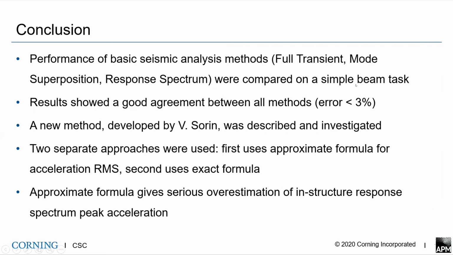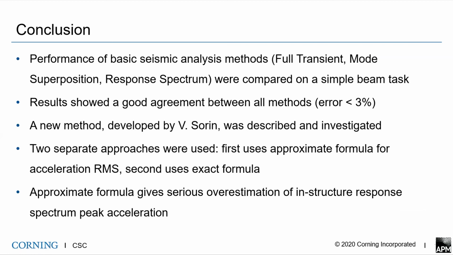So in conclusion, in this work we compared basic seismic analysis methods, full transient, mode superposition, and response spectrum, on a simple beam task, and in addition we performed an analytical solution. Results showed a good agreement between all methods.